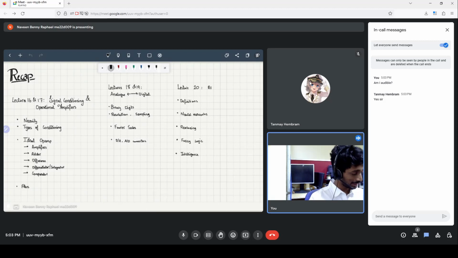In lectures 18 and 19, we'll talk about analog to digital conversion and vice versa. We will only touch a little bit on binary digits, but it's a very important concept to know. The concepts of resolution and sampling are fairly intuitive, and we'll end with the Fourier series as well.